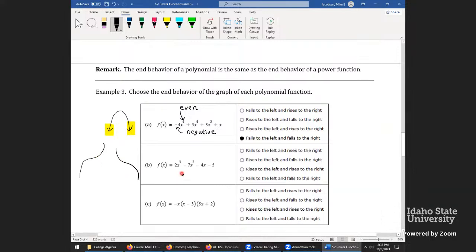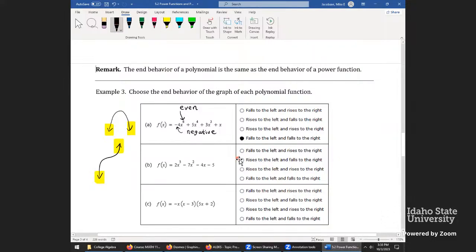Exactly. Anytime you plot anything that looks like a cubic function, it would look like this. And because the leading coefficient is positive, we don't have to invert that across the x-axis. So our whole problem is really going to look like this situation. It's rising to the right and falling to the left.